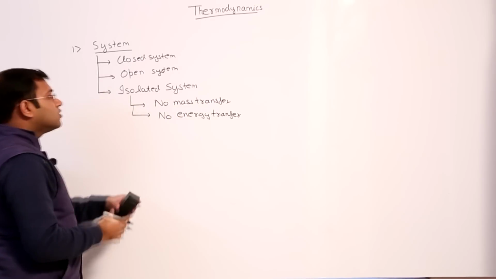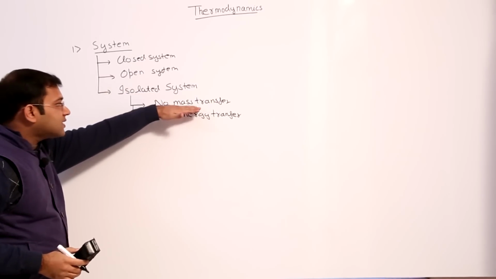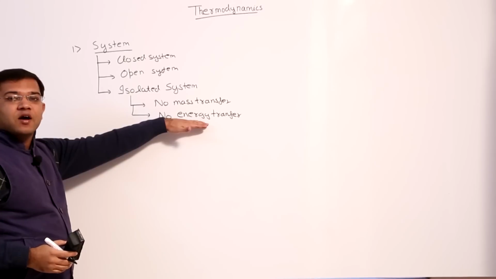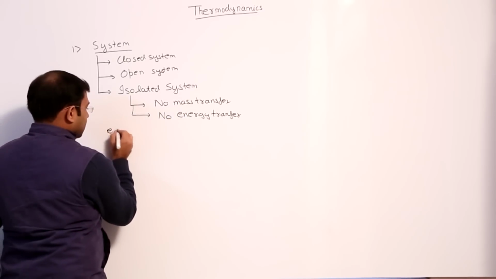Such a system is known as an isolated system, which does not permit mass as well as energy transfer across the boundary of the system.